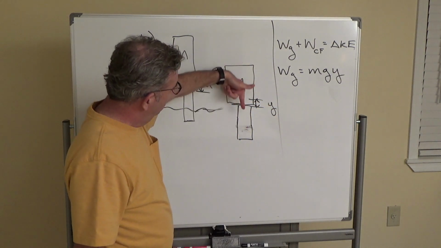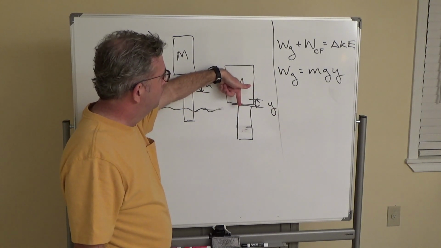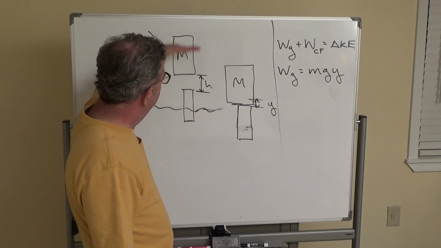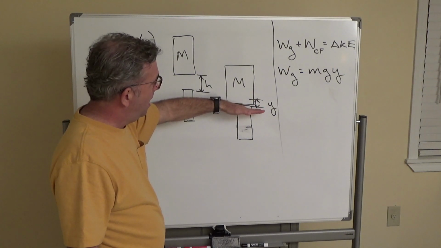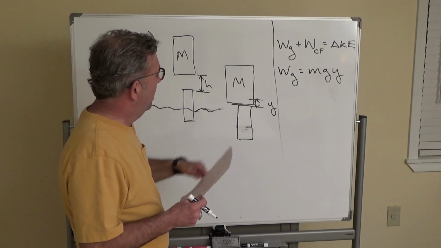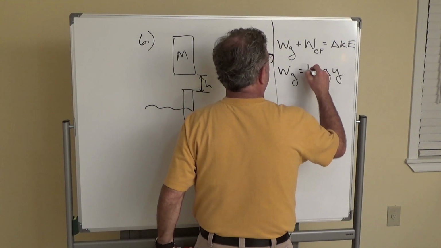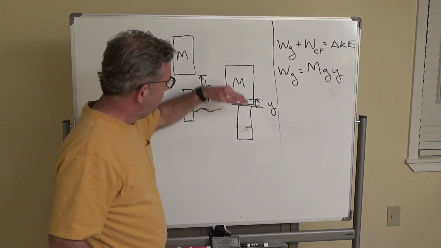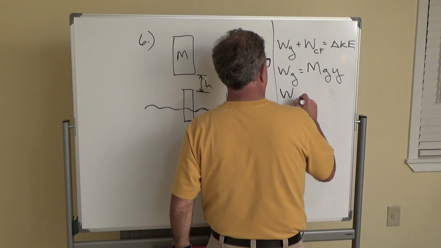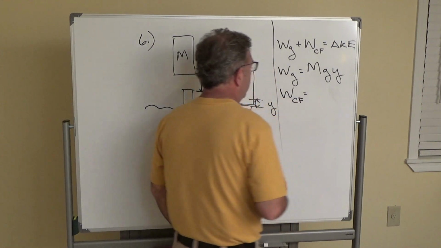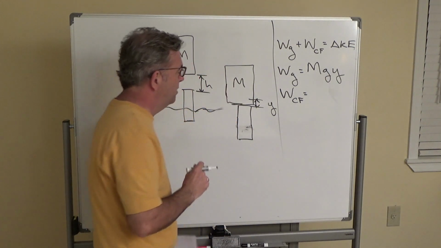It's falling. Gravity is doing a positive amount of work after contact. I know it fell, I'm going to get to that, but after contact, gravity did a positive amount of work on big M. Oops, this should be big M. How much work was done by the contact force? Well, the contact force is what we're looking for, really, the average force.